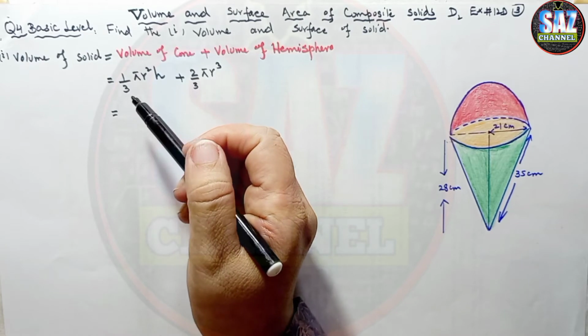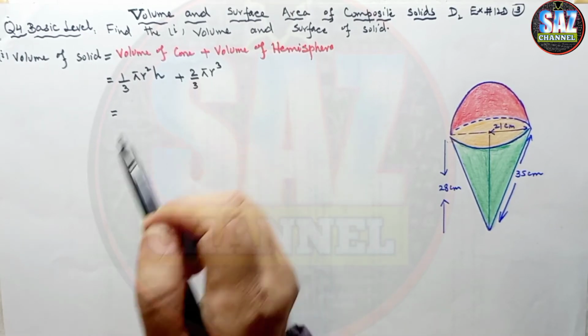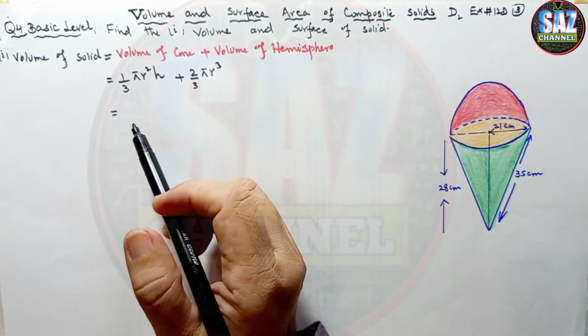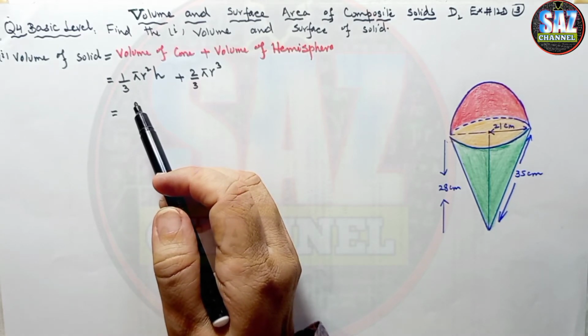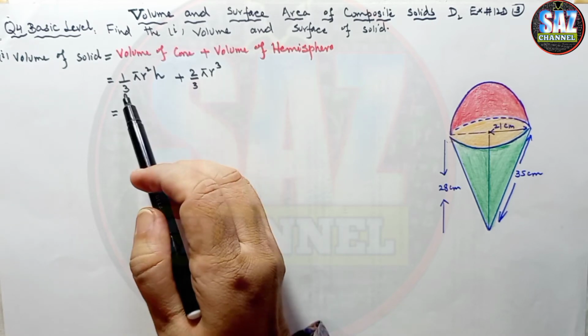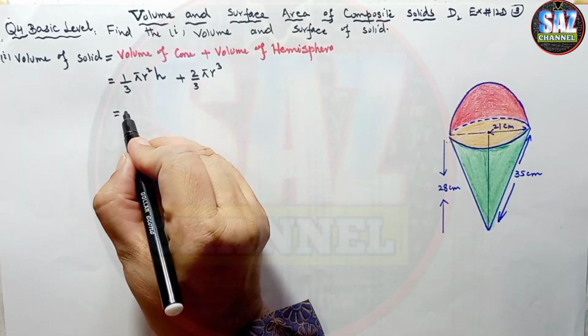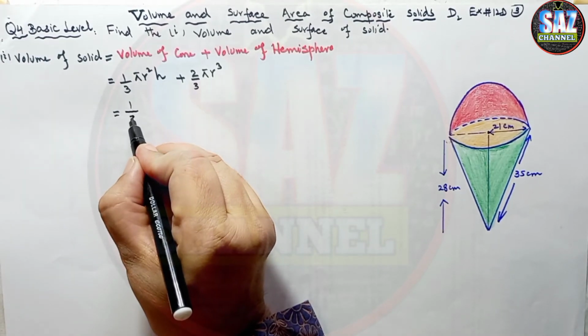Either we can replace the values in these two parts separately, or we can make our calculation a little easier: 1 by 3 is a common factor, pi is a common factor and r squared. So we can extract the common factor out by factorization.